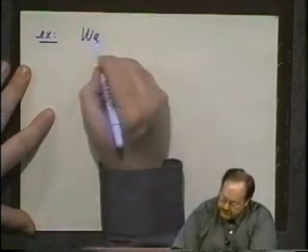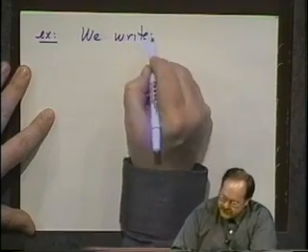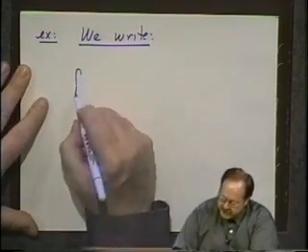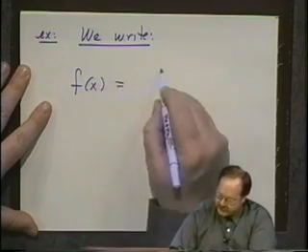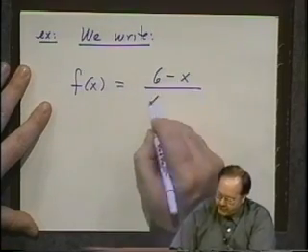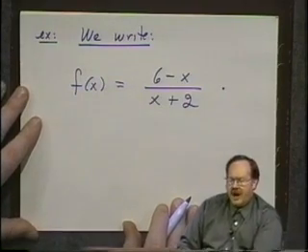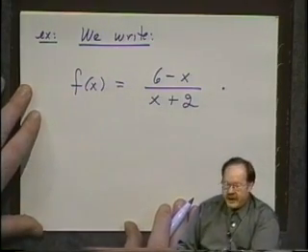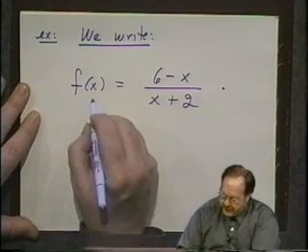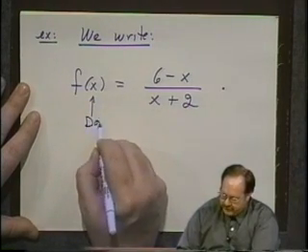So when we write this example here, we write something like this, you will see. You might see f of x equals, say, 6 minus x over x plus 2. Now that's what you're seeing. Now how do you read this? You want to understand what this means. x is the domain element.